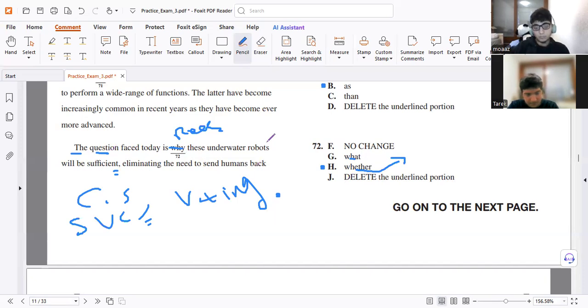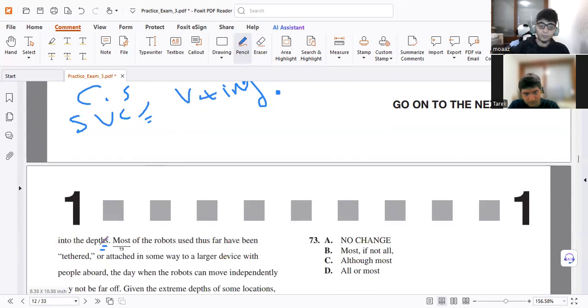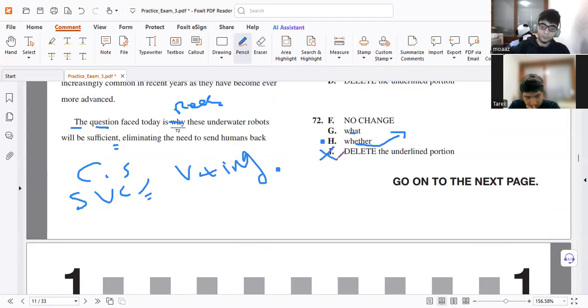So the question is this. The question is directly, what is the question if you deleted it? The question faced is, so we need the question. Where is the question? Sentence. So delete it and it becomes nonsense. So whether and if means the writer is asking, not giving a fact. So we use here whether or if. That's why.